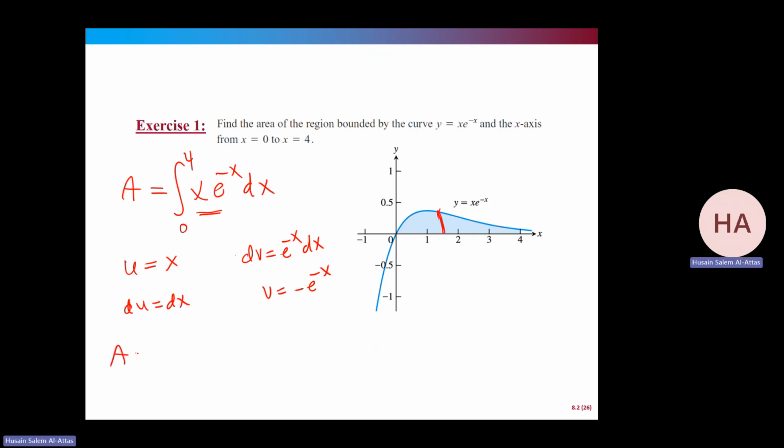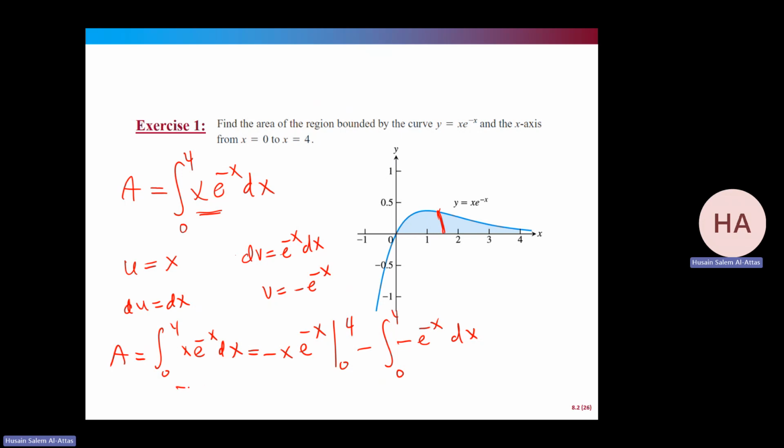So the area will be the integral from 0 to 4 of x e^(-x) dx. That will be u v, minus x e^(-x) from 0 to 4. Okay, minus integral of this times this, minus e^(-x) dx from 0 to 4.